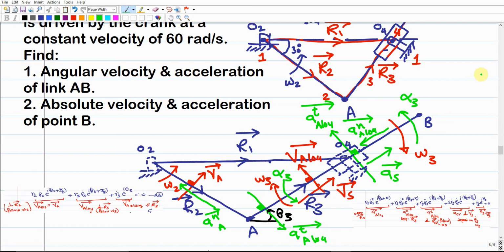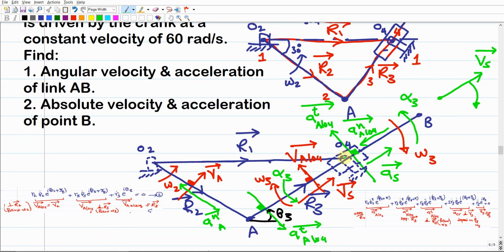Assume that this is the direction of Vs as already given, and this should be the start point. So you have to give rotation to this Vs following the direction of omega 3. Omega 3 goes in this direction if you decided to represent the Coriolis acceleration over this side.